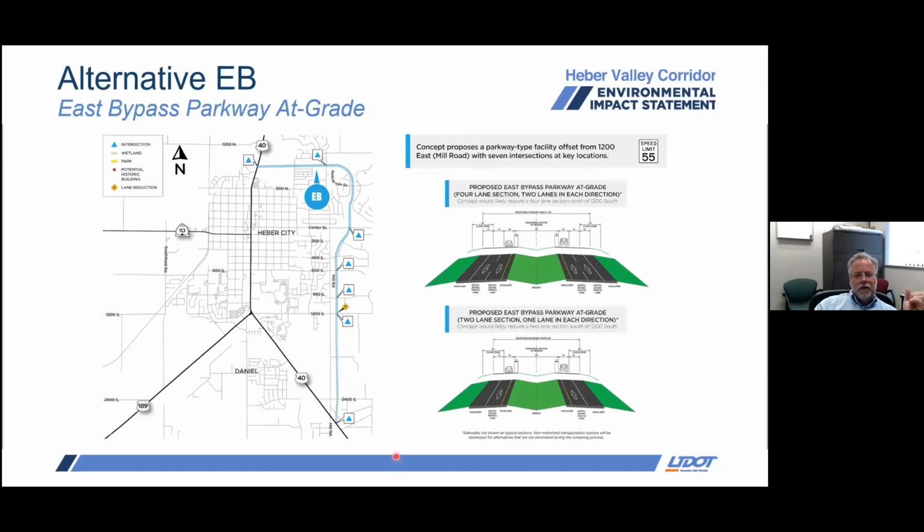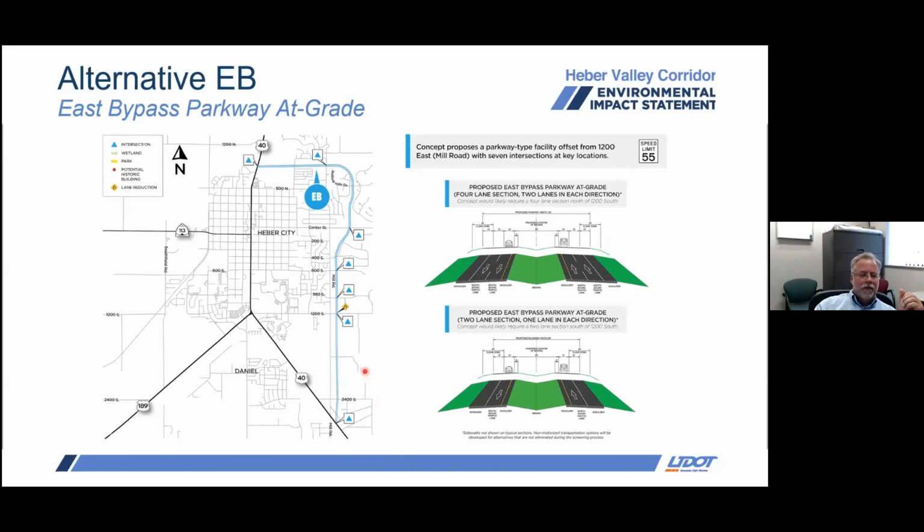The next alternative is the EB alternative, and this is our East Bypass Parkway at grade alternative. This alternative would be at a slower speed, 55 miles per hour. It would be more of a parkway type facility. With this alternative, the intersections would be at grade intersections.